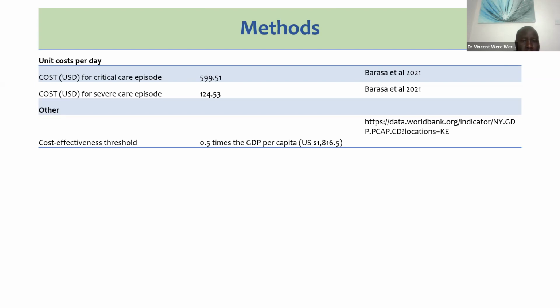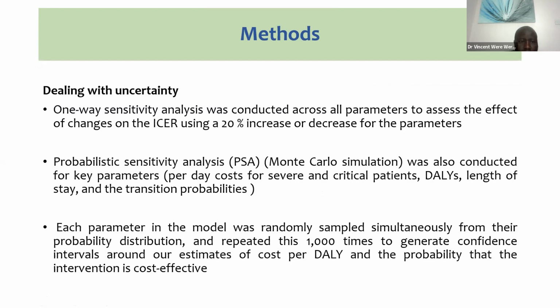For us to declare this approach cost-effective, the ICER must be less than half of the GDP per capita. GDP is the gross domestic product, the total income that a country has per population. So if the ICER value is less than half, then we say this intervention is cost-effective.